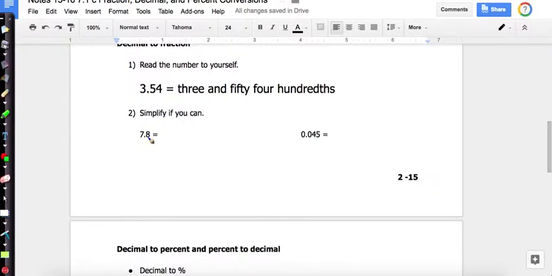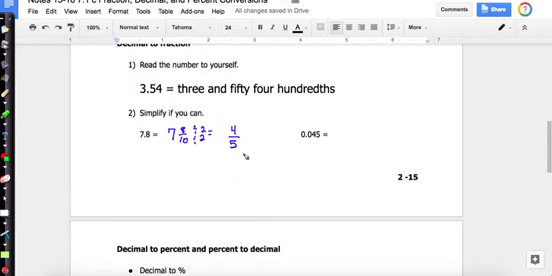7 and 8 tenths. So 7 and 8 tenths. Can 8 tenths be simplified? The answer is yes. I can divide top and bottom by what? 2. And so 8 divided by 2 is 4, and 10 divided by 2 is 5.